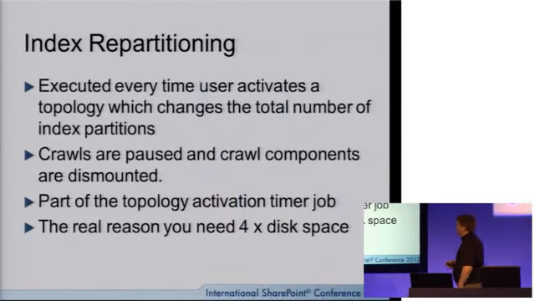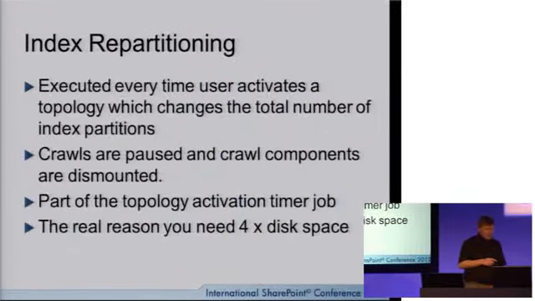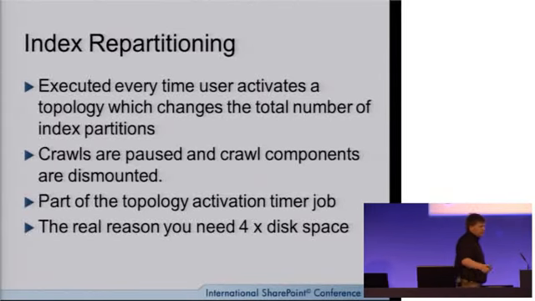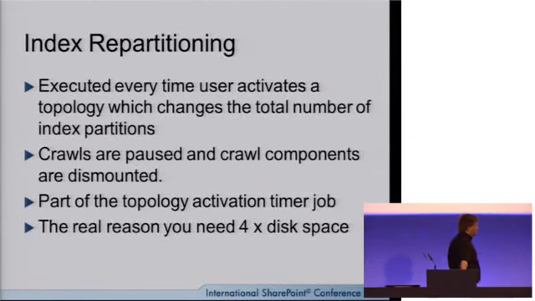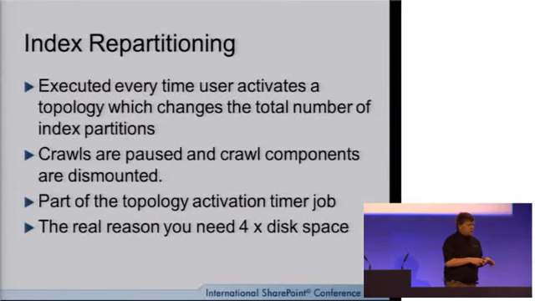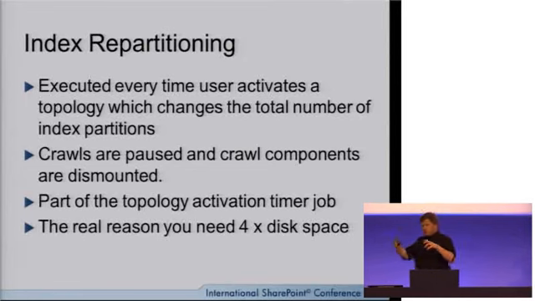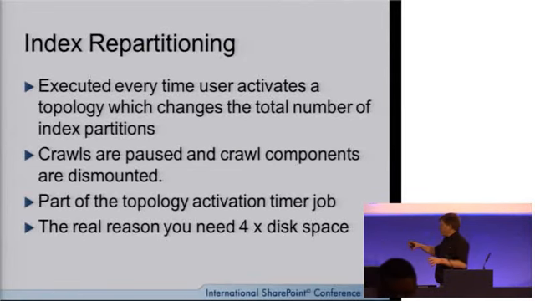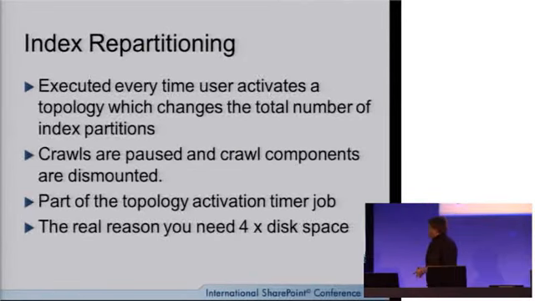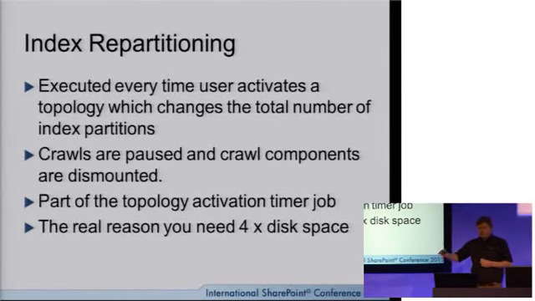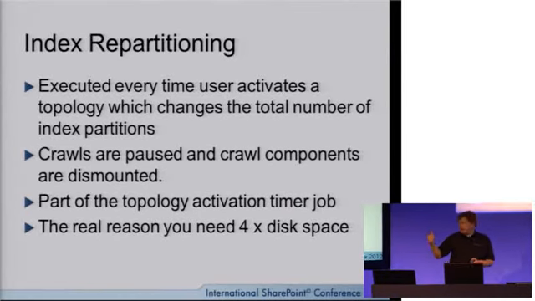The other thing about repartitioning is that every time you activate a topology, as we've just done, all of the changes we wanted to make apply. We wanted to take two index partitions and turn them into 4, so they're all spread out. The way it does this is that it takes all the data in those files and does the calculation based on that equation.